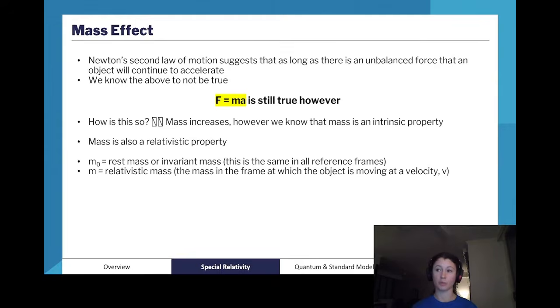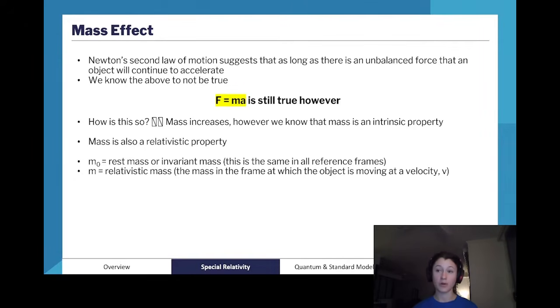So even if we're applying the same amount of force, or the rate of increase of the force is the same, the acceleration will actually decrease, right? So, as an object gets faster and faster, even if we keep putting more and more force into it, trying to get it to go faster, it will actually lose the ability to go faster.